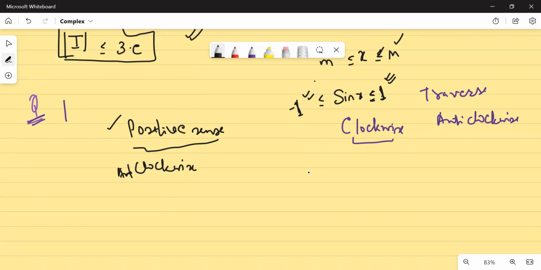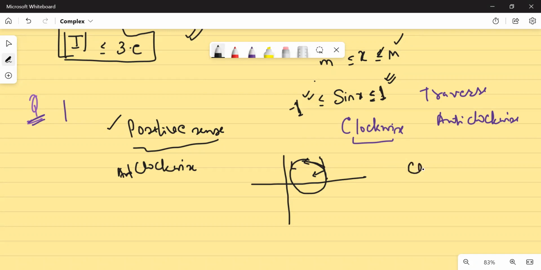So understand, if I'm moving anti-clockwise, that implies my curve would lie on the left-hand side of my orientation. Let's say I'm moving this way, anti-clockwise, so my curve is on the left-hand side.